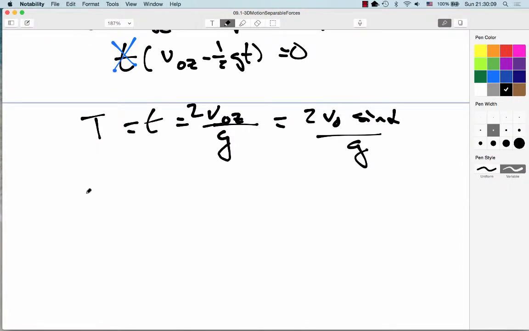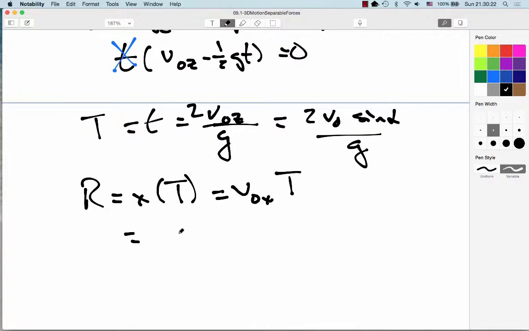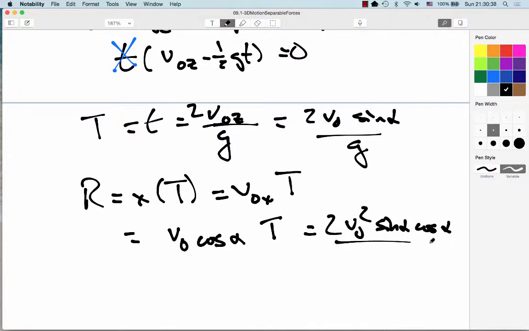Now our range, let's call that R, will be equal to the position at that time. So that'll be equal to v naught x times our time of flight. So that'll be equal to v naught cosine alpha times that. So that becomes 2 v naught squared sine alpha cosine alpha over g.